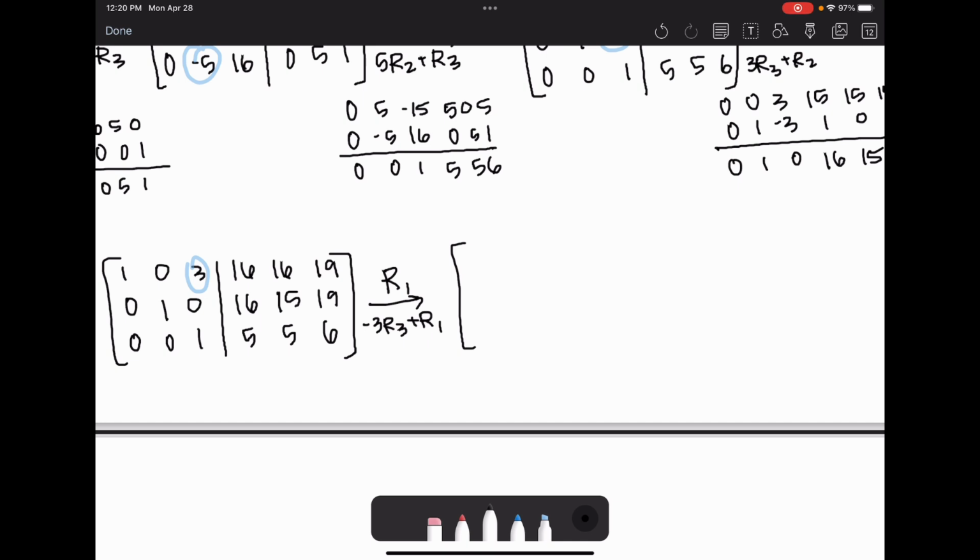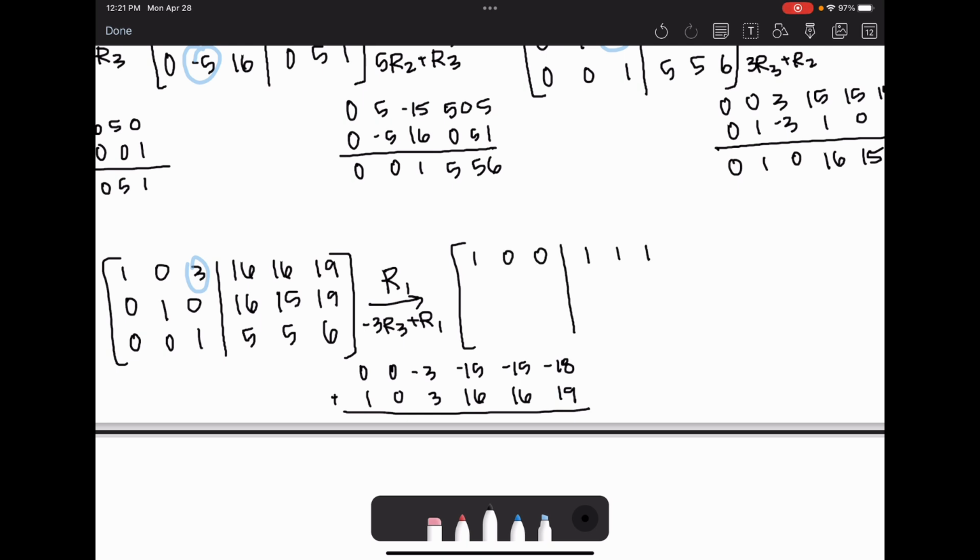So this would be 0, 0, negative 3, negative 15, negative 15, negative 18, and we're adding that to our top row. So when we add those together, we get 1, 0, 0, which is what we wanted, and then we have 1, 1, 1 along the top.